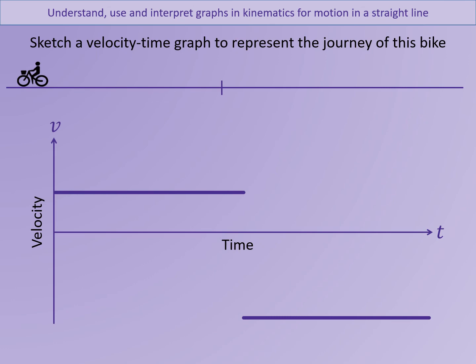We can see the cyclist was initially travelling with a positive velocity at a constant speed, and then turned and returned faster with a negative velocity to the other side. This was the displacement time graph for that same journey.